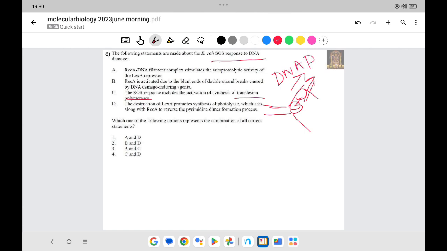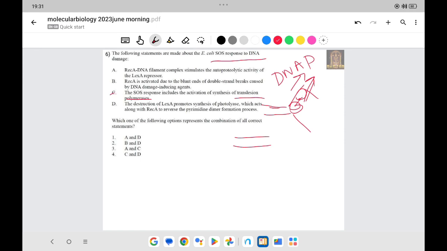In this kind of lesions or dimer formations, we need the translesion polymerase to overcome this stalled condition of DNA polymerase, so that at least the DNA replication can happen. So in the SOS response system, the activation of the synthesis of translesion polymerase is very important.